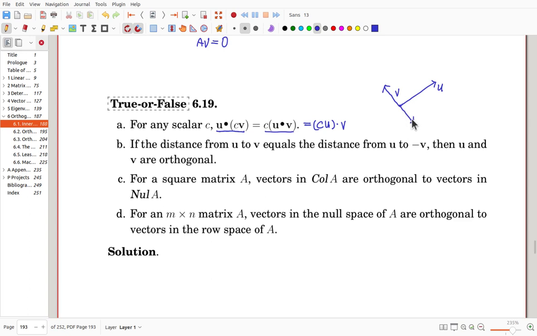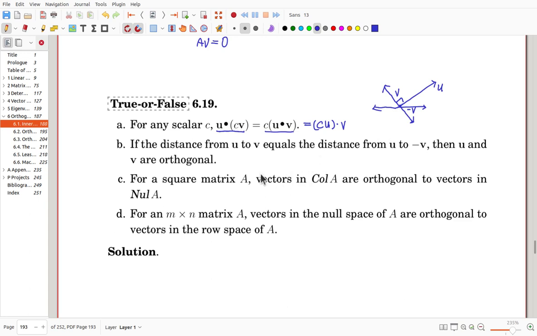The distance from u to v and the distance from u to minus v must be the same when they are orthogonal. If not, then v is here and negative v is here, and this distance and that distance must be different. So geometrically it is quite easy.